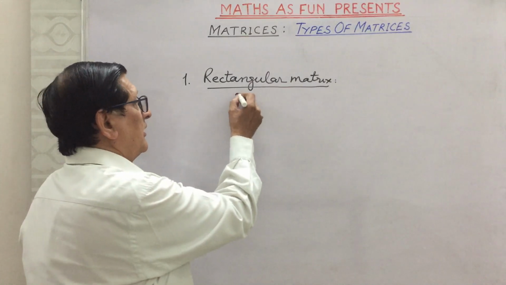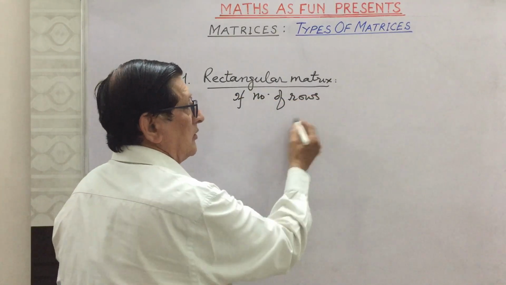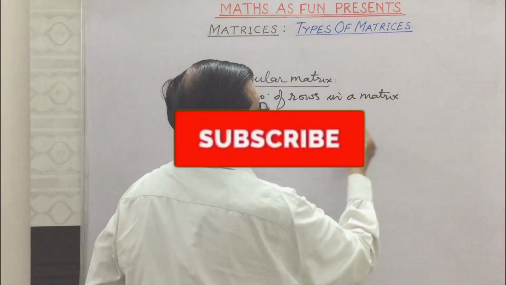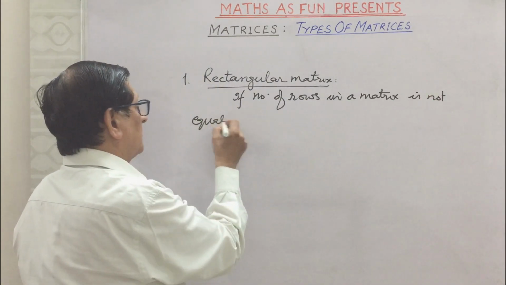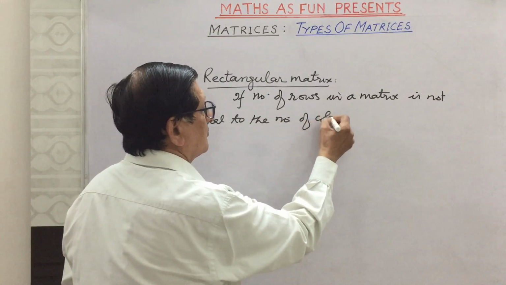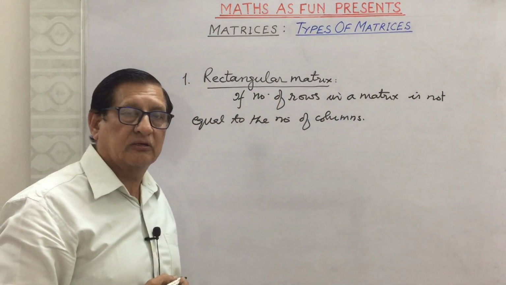So we say if number of rows in a matrix is not equal to the number of columns, then we say it is a rectangular matrix.